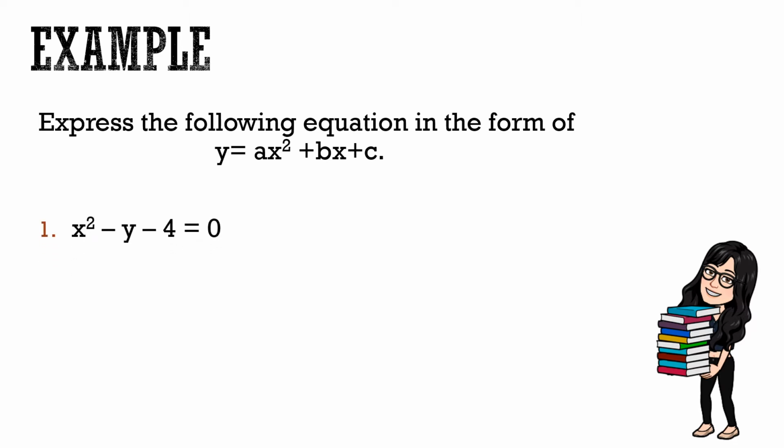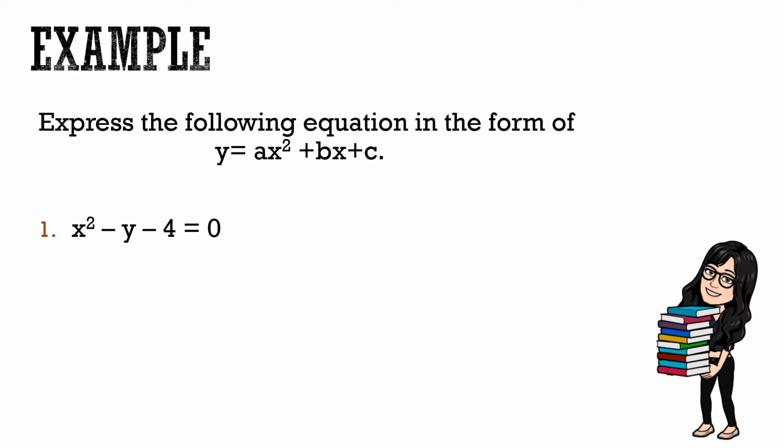Let's have x squared minus y minus 4 equals 0. Take note that one side of your equation should have the y variable and the other side should have the quadratic term and other terms. In this case, we need to move x squared and negative 4 to the other side of the equation so that what is left on one side is the y variable.